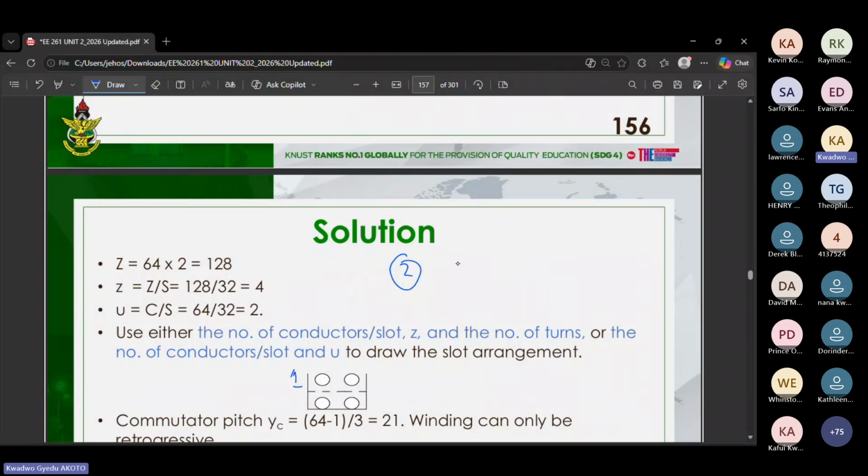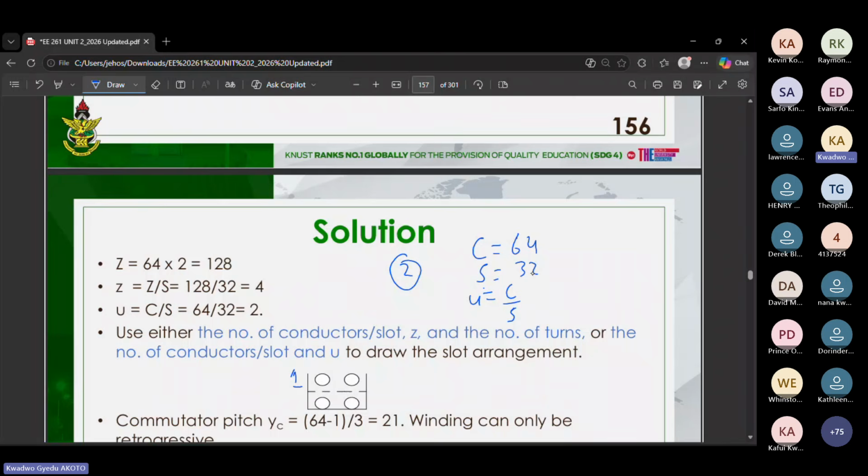And then we have our C, we have our S. So we can find U, which is going to be our number of columns, right? So we know that U is equal to C on S. C is 64, S is 32, then 64 divided by 32, we get 2.